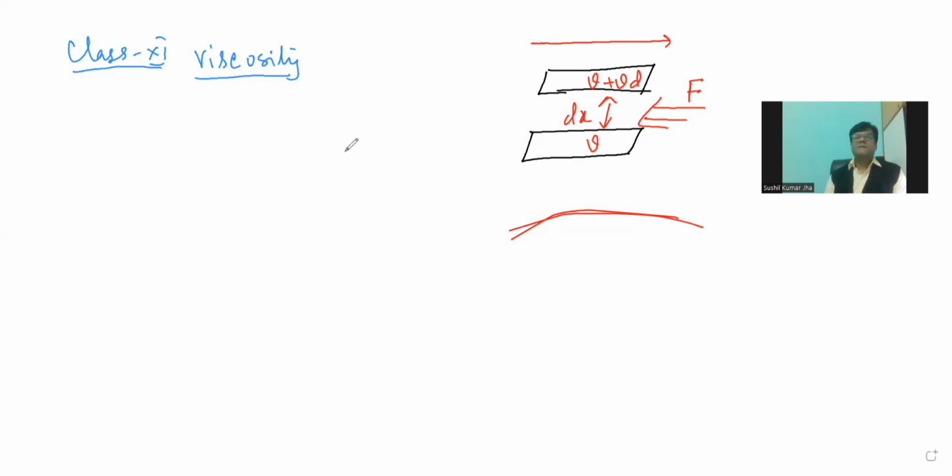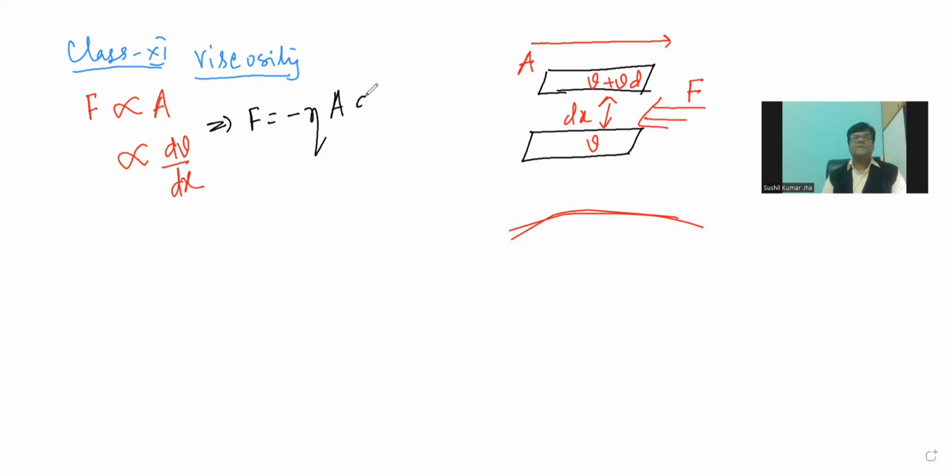And this viscous drag depends on some factors. F is proportional to the surface area of the liquid layers. And it also depends directly on dv upon dx, which is the velocity gradient. When we combine them together, we get F is equal to minus eta A dv upon dx.